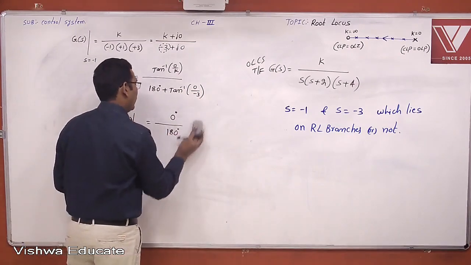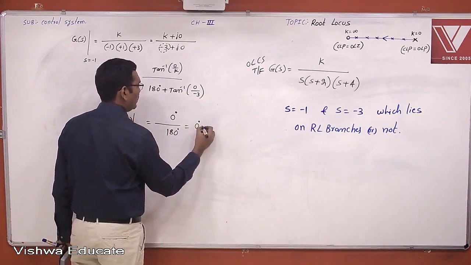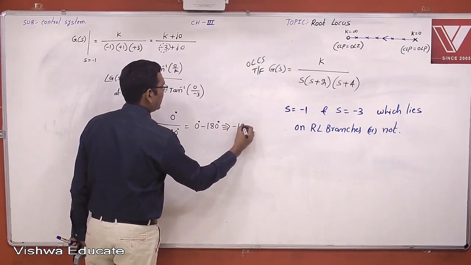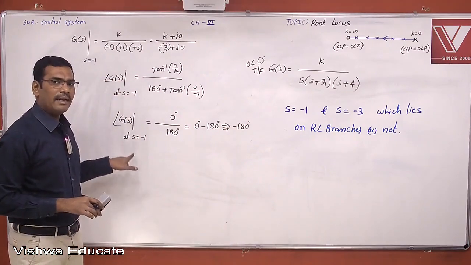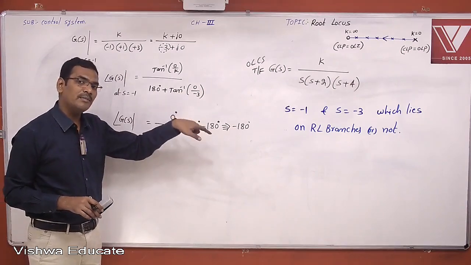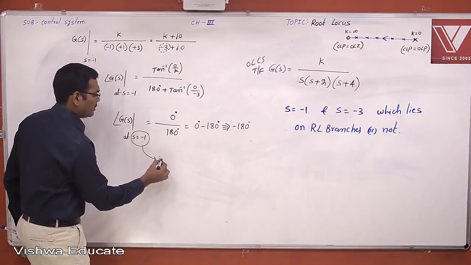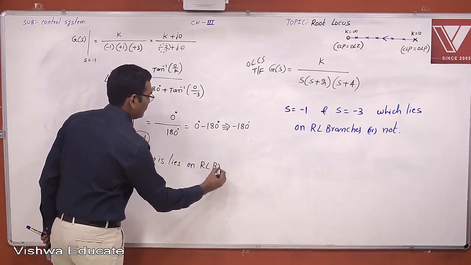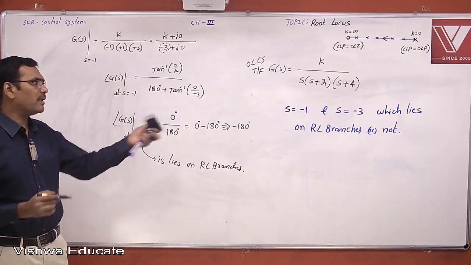Theta 1 minus theta 2, 0 degrees minus 180 degrees, which equals minus 180 degrees. Therefore, the angle of the open loop transfer function at this particular point is minus 180 degrees, an odd multiple of plus or minus 180 degrees. Therefore, s equal to -1 lies on the root locus branches. Note this down and check the second one similarly.